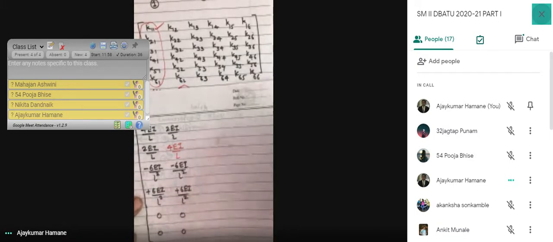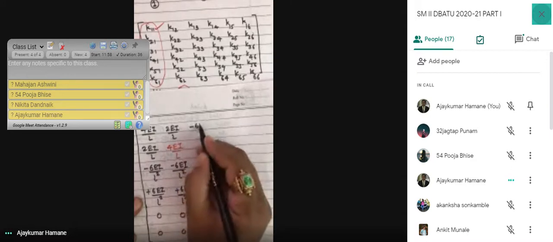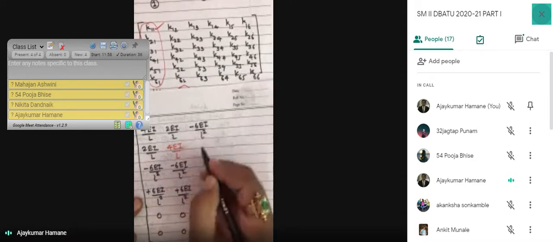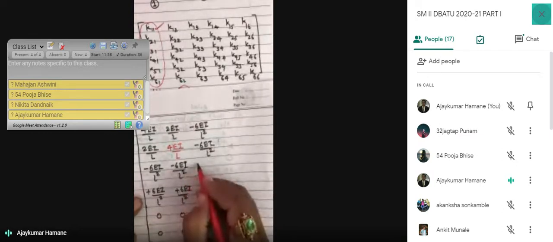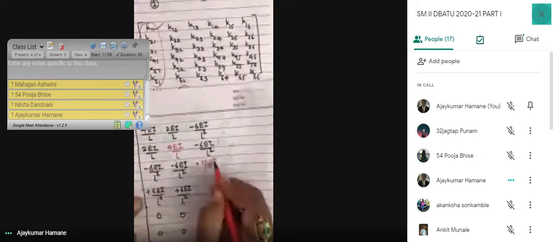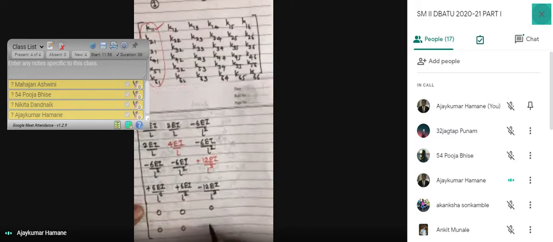Now K13 will be minus 6 EI by L square. K23 minus 6 EI by L square. K33 plus 12 EI by L cube. Then K43 minus 12 EI by L cube, 0 0.